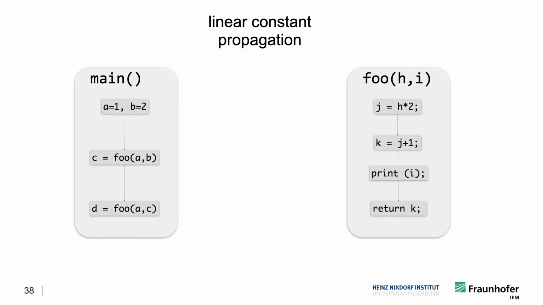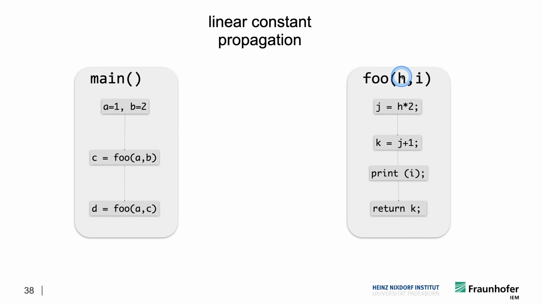So let's take a look at this example program here. We again have a main procedure that is calling this procedure foo, which is doing some computations. But actually, it's doing these computations only on the input value h, the first parameter, which is then propagated to j and then to k and then returned.